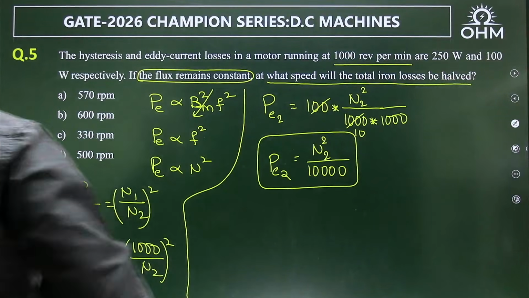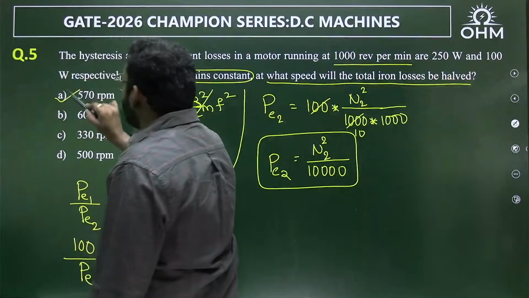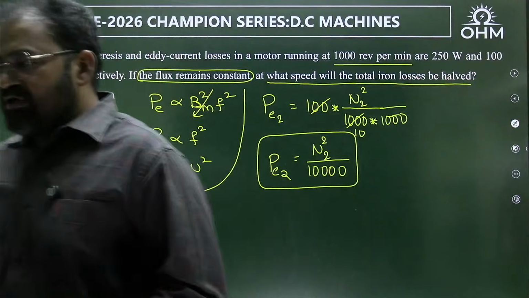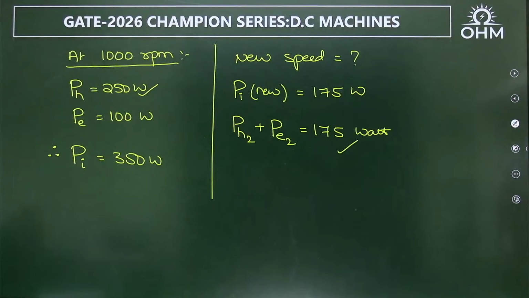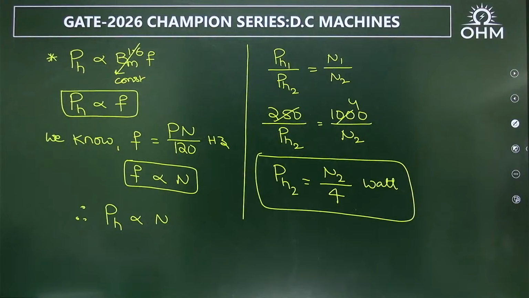So overall iron loss must become half. In the first case, the total iron loss is equal to 350 watt. Therefore, in the second case, the new iron loss should become half of that, which is 175. The important data given in the problem is that flux is constant.